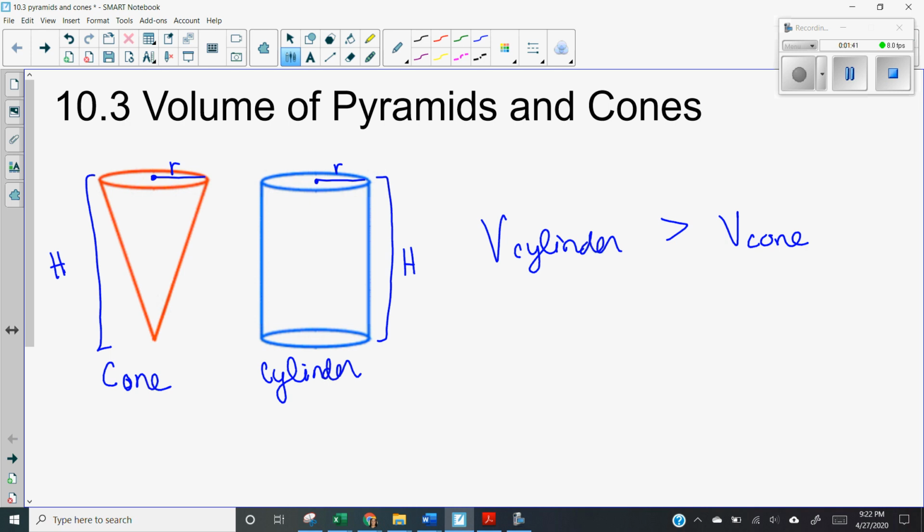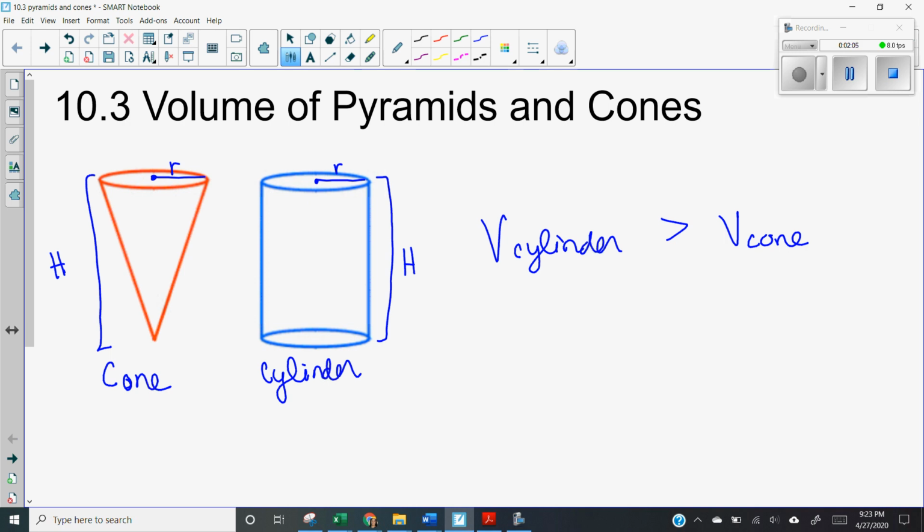How many cones worth of rice can we fit in the cylinder? Maybe you think 2 cones would fill up that cylinder, 3 cones, 4 cones, just eyeballing it initially. It turns out that if you take that cone full of rice and dump it into the cylinder, it takes exactly 3 cones to fill that cylinder up.